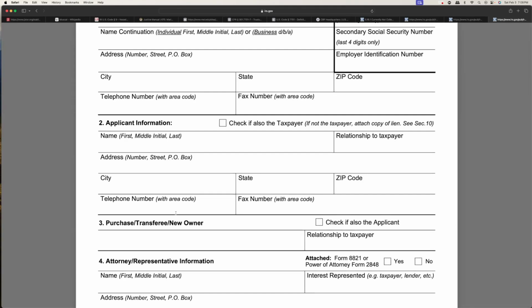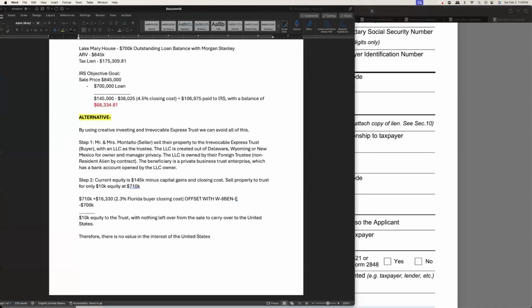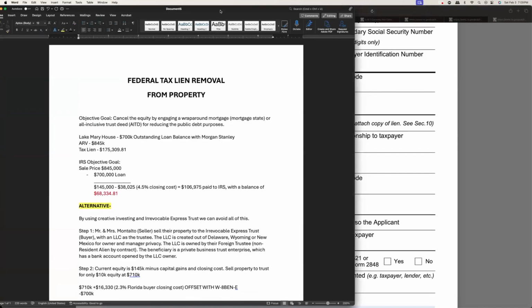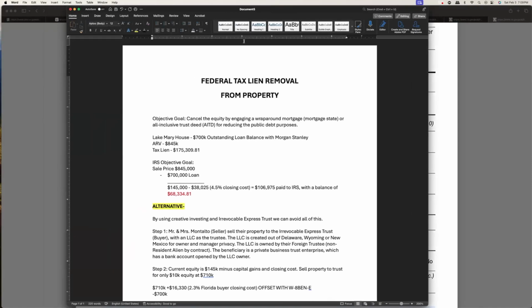Okay. So for you to really understand what I'm talking about, let me pull up my notes here and we'll look at it from this aspect. Okay. So the objective goal, we need to cancel the equity. See, the equity is why they would place this $175,000 lien on their property.